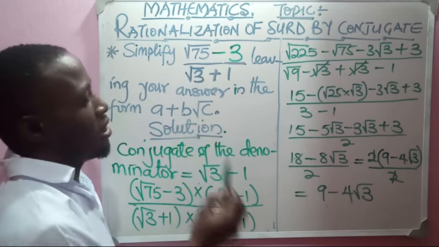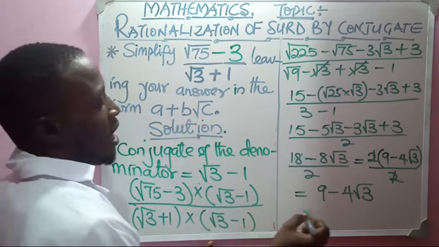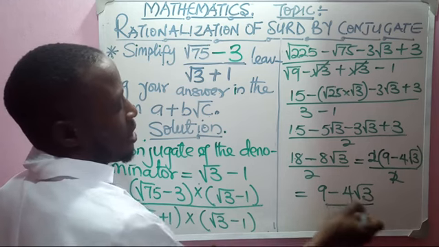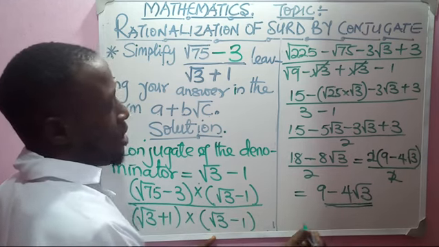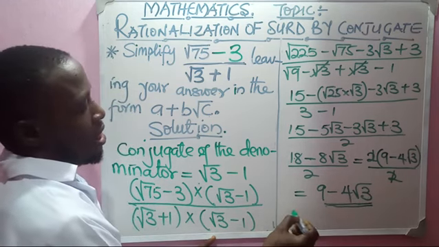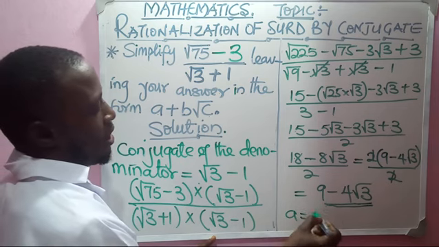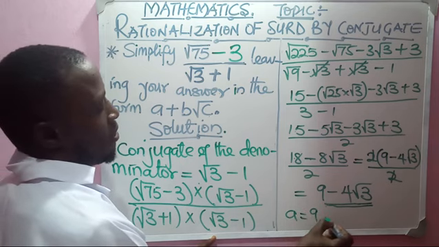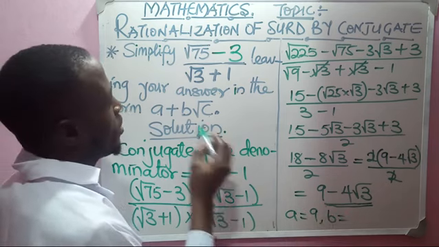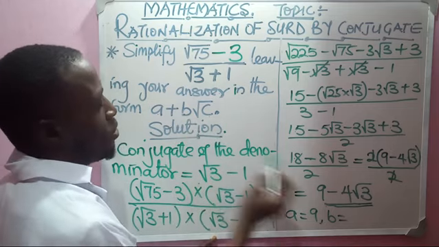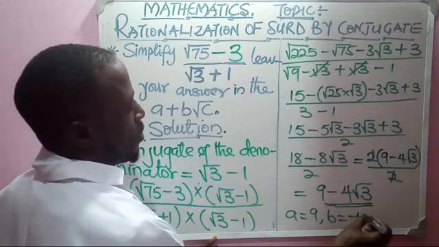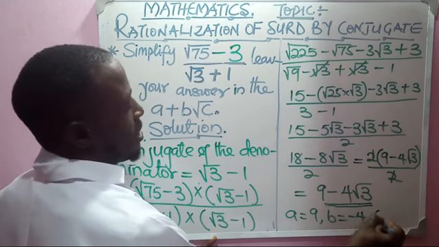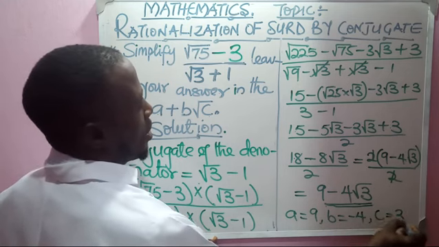Now look at it. That is the way the answer is now, but if I'm to go further, a is equal to 9, b is equal to minus 4, and c will be 3.